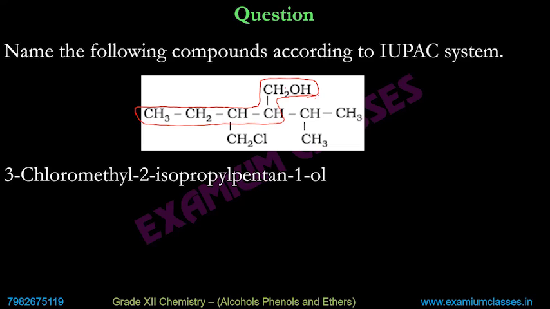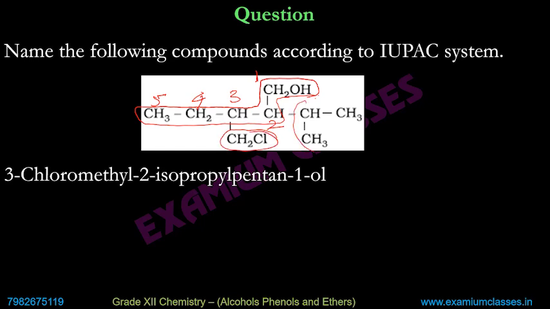And if this is the main chain, this carbon is one, this two, three, four, five. Means five carbons. Pentanol. At third carbon, you have chloromethyl.